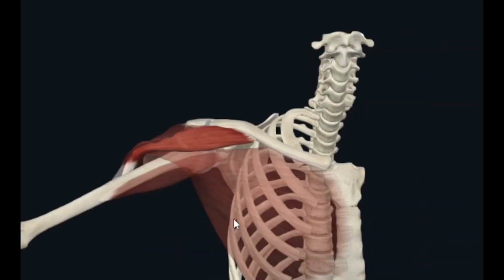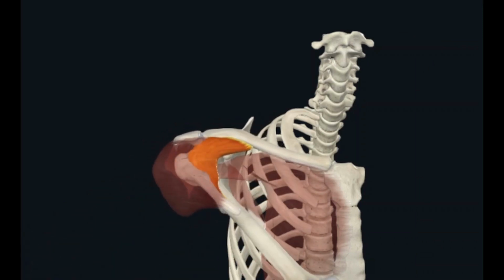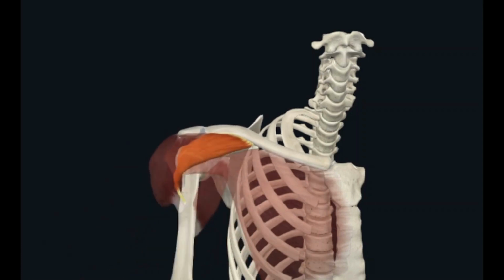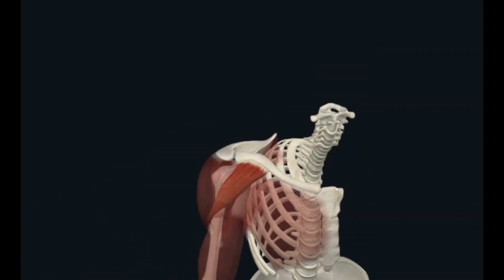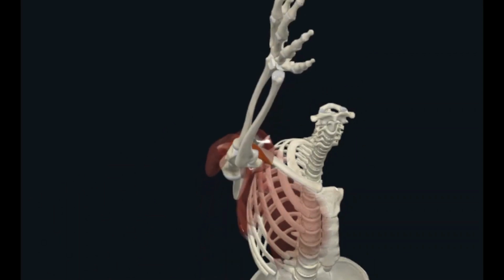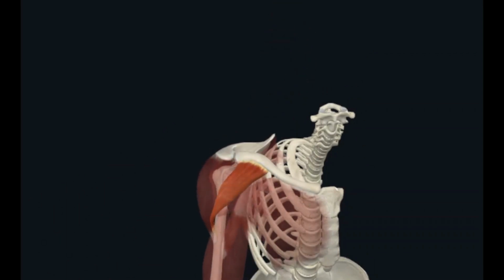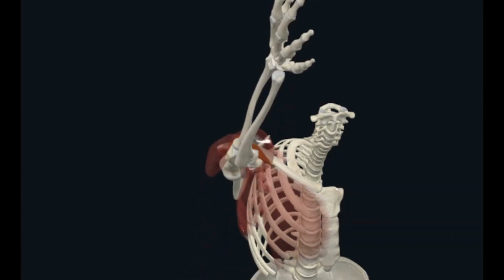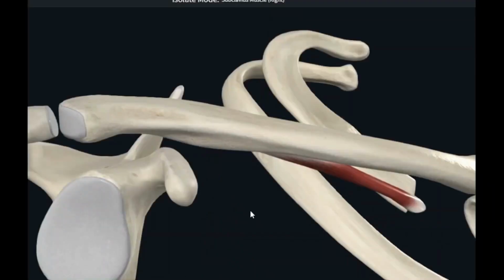The clavicular part of deltoid muscle also causes transverse adduction of arm at shoulder joint. The clavicular part of deltoid also causes flexion of arm at shoulder joint, or flexion of arm at glenohumeral joint. Now, subclavius muscle.